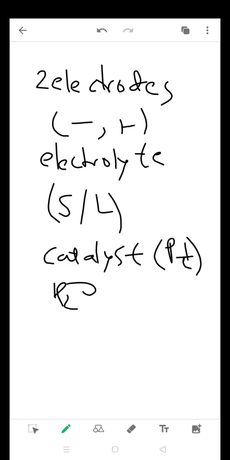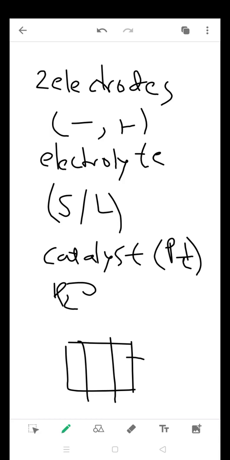Now coming to the construction, if this is your fuel cell, these are the two electrodes, and here we allow the oxygen gas to pass in, go inside.